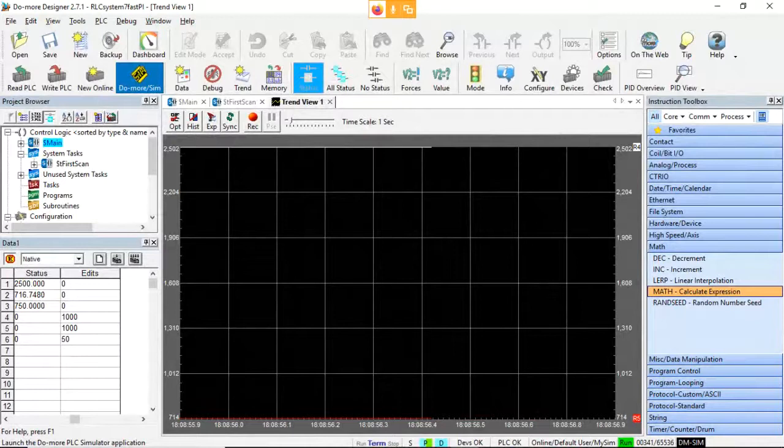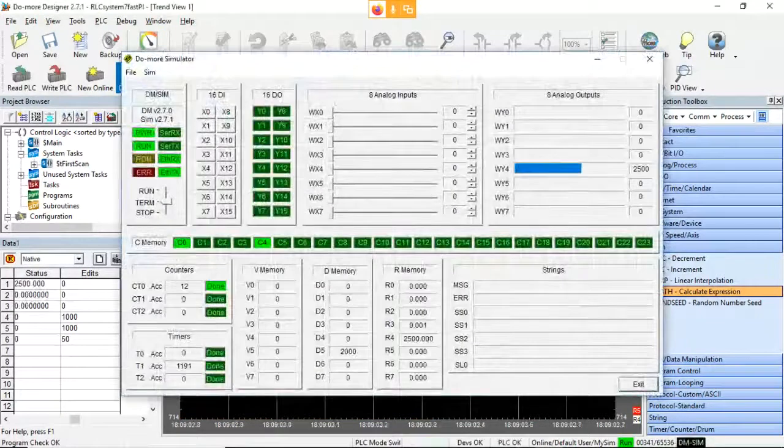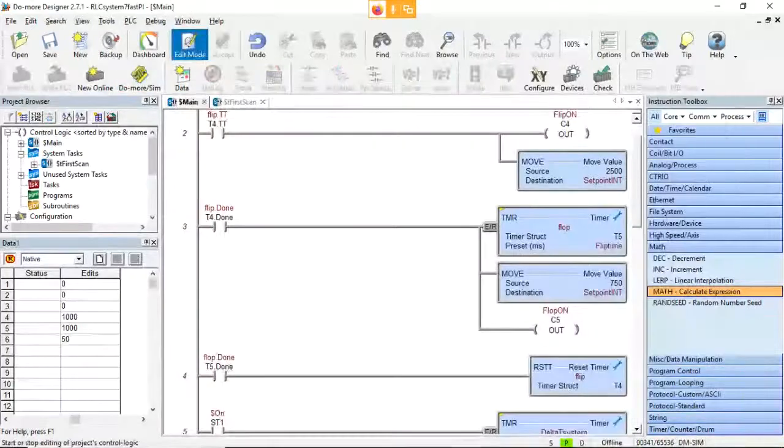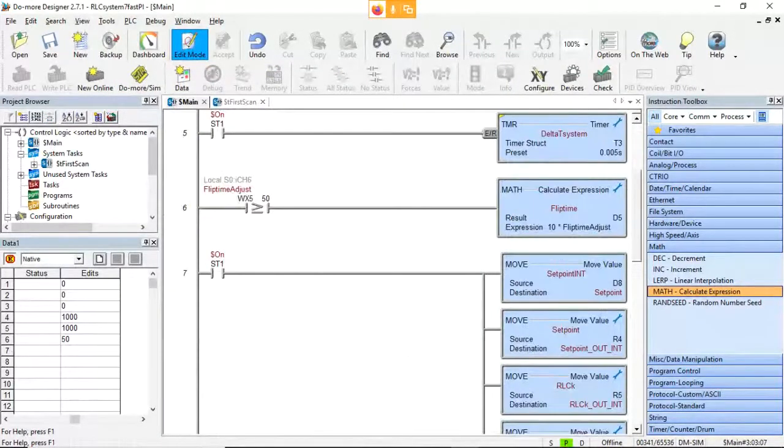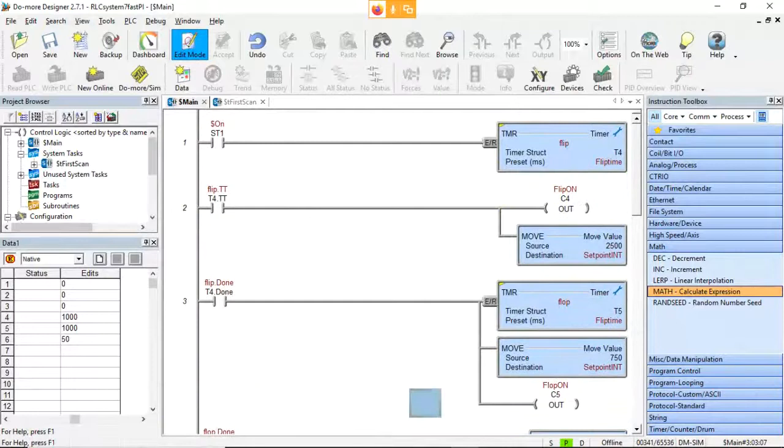What we have to do is, I already gave you a delta T. So you already have a delta T timer.